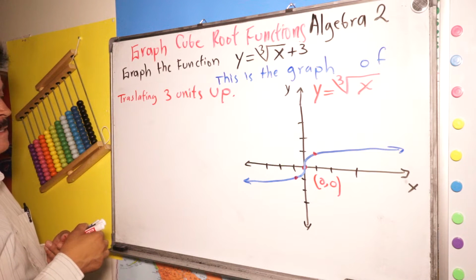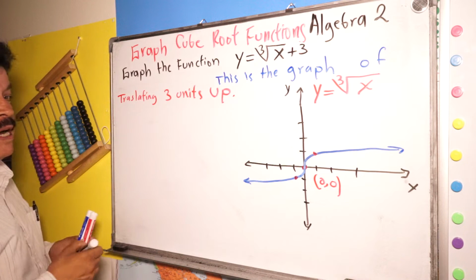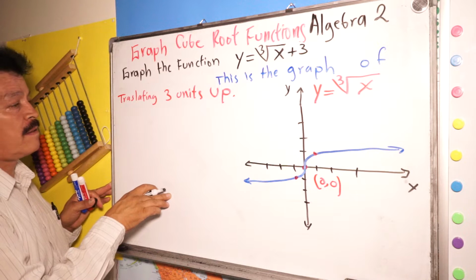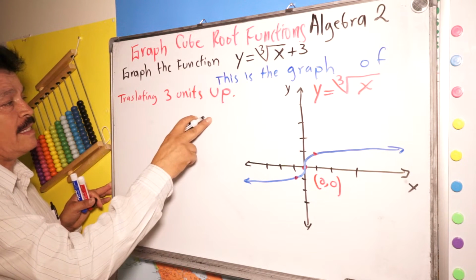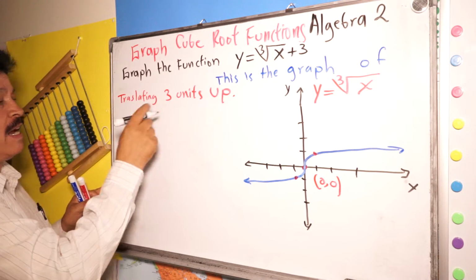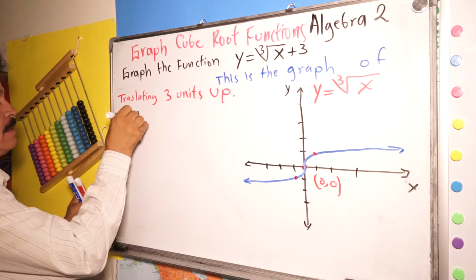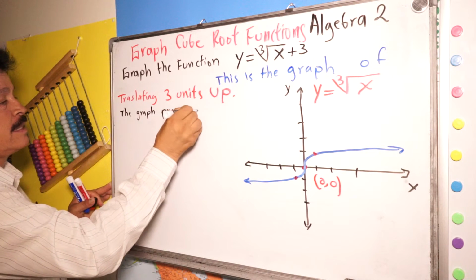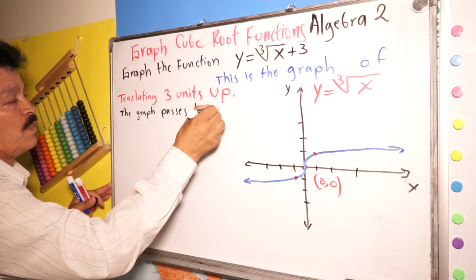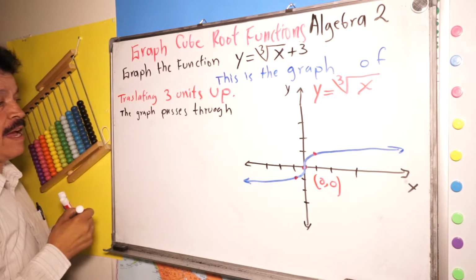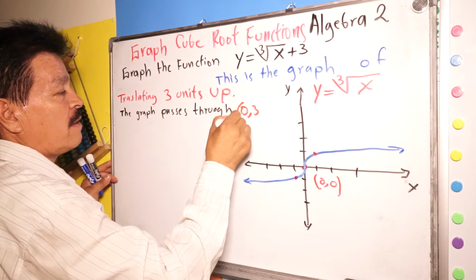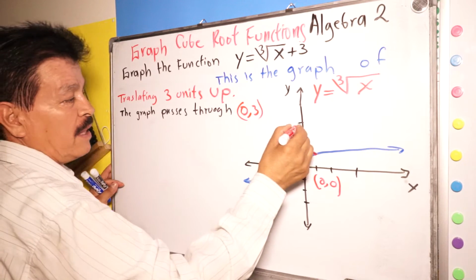Let me write. Translating 3 units up, the graph passes through this point 0, 3. Okay, 0, 3 right here.